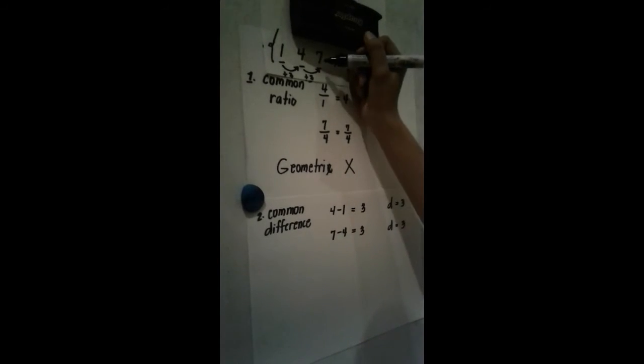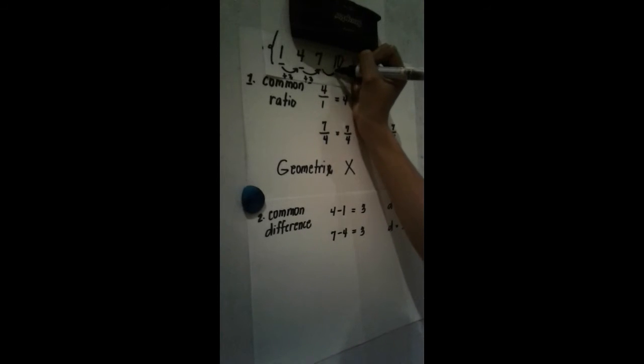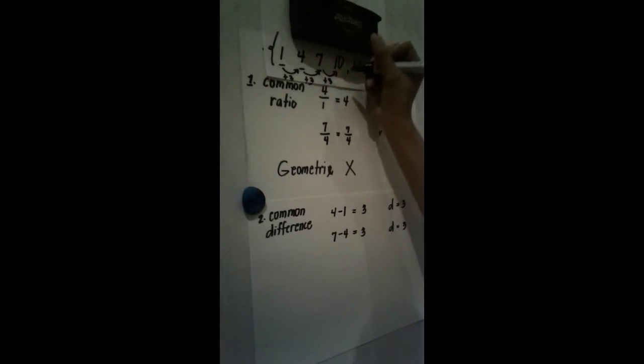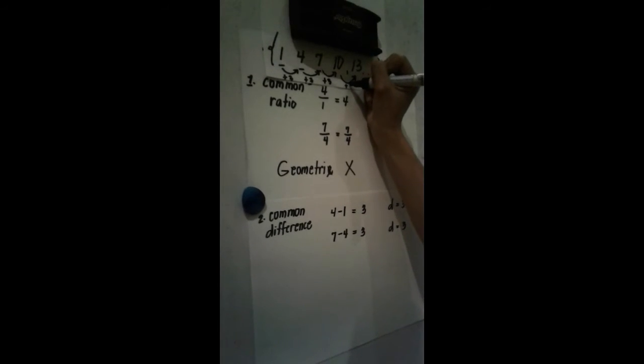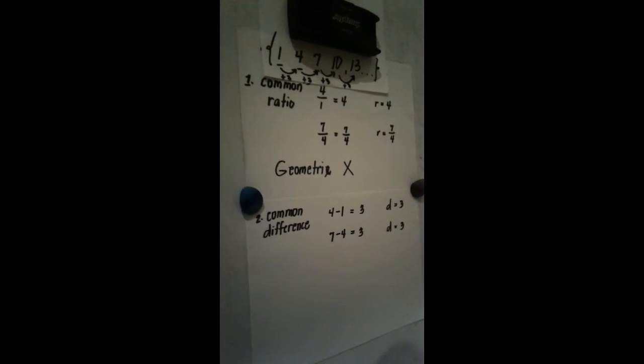If we add 3 to 7, we get 10. And next, if we add 3 to 10, we get 13. We have the same pattern, adding 3 each time we want to get the next term in the sequence.